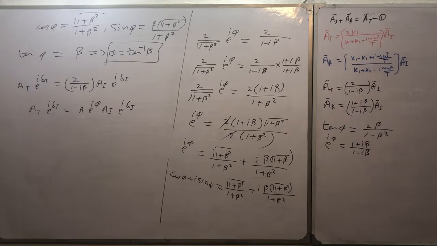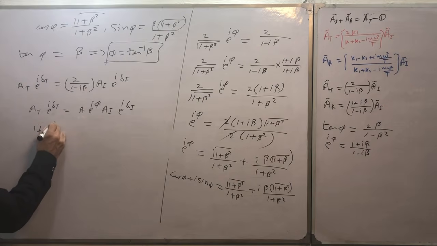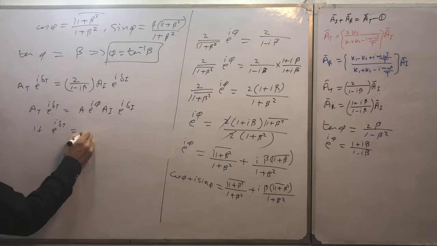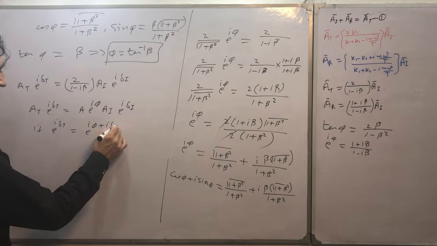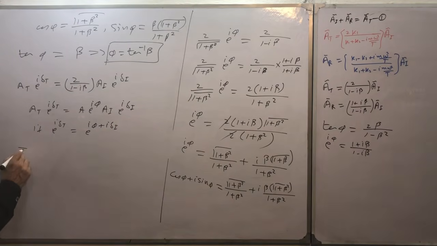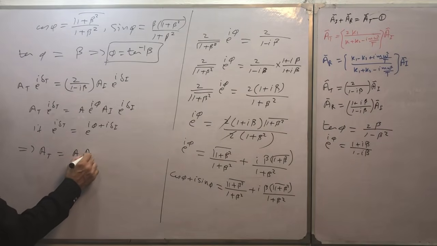From this condition, if e^{iδ_t} is equal to e^{i(φ + δ_i)}, if these are equal, then it means that A_t must be equal to A times A_i.